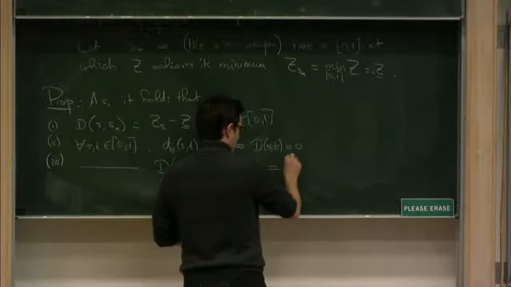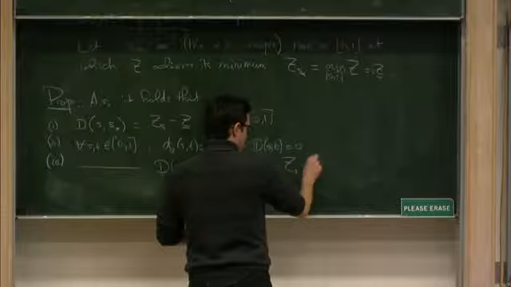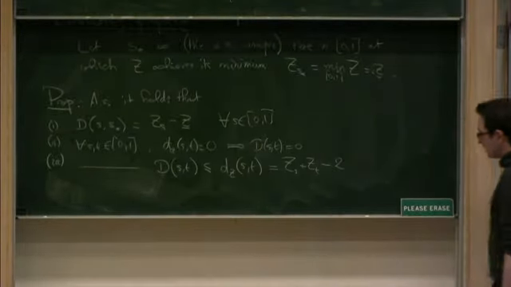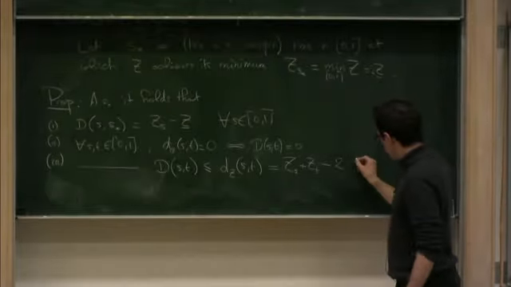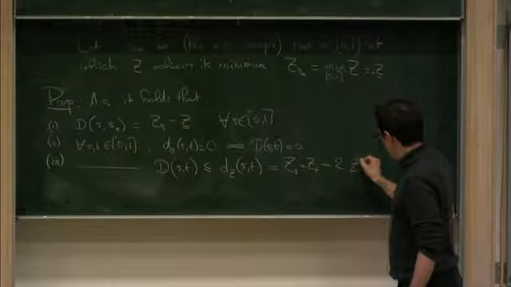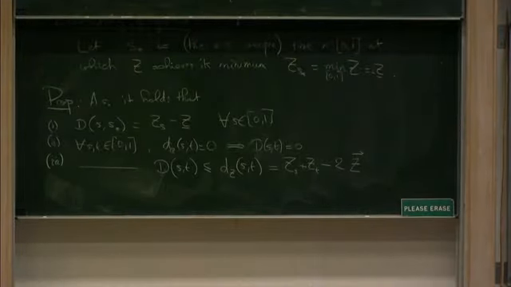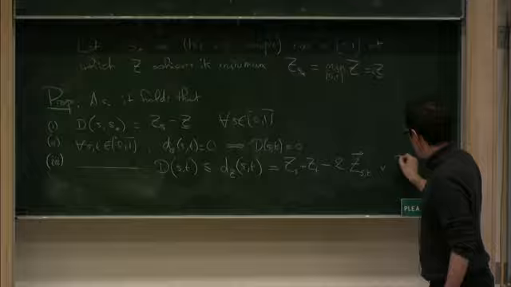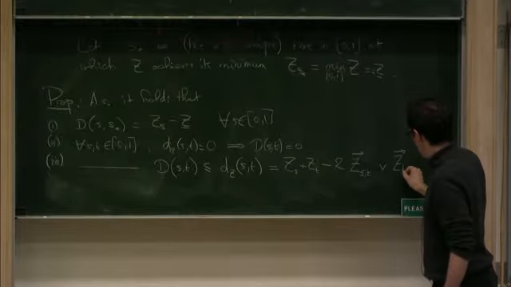So it's Z_s plus Z_t minus twice, and here there is just a little twist. I want to call that Z with a little arrow from s to t, take the supremum with Z arrow from t to s.